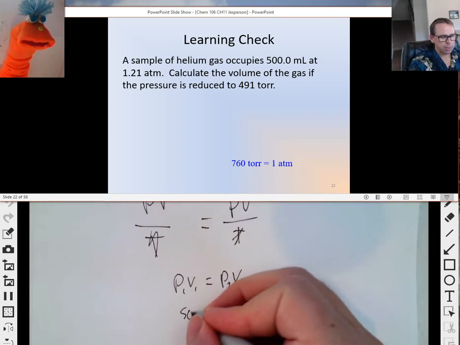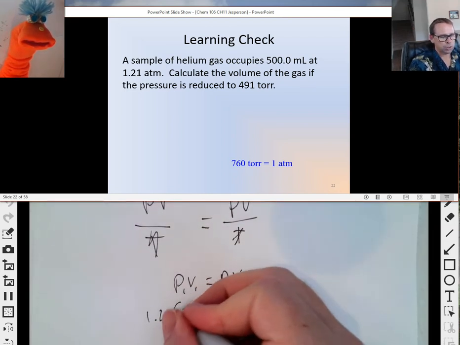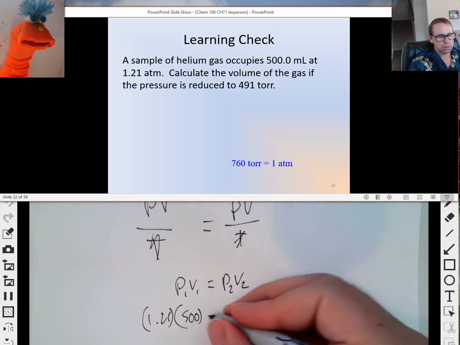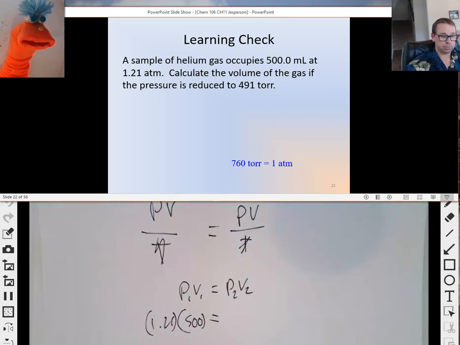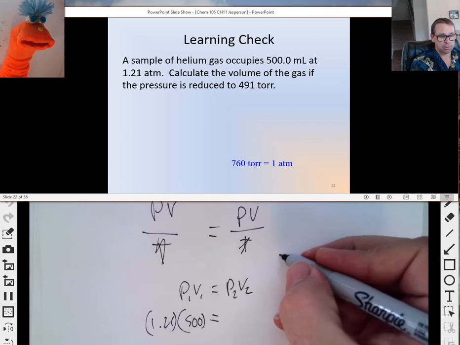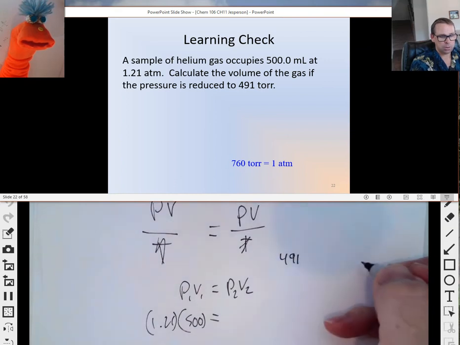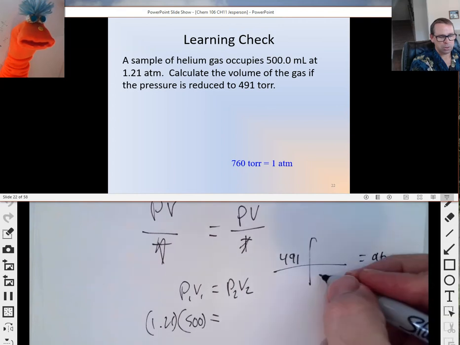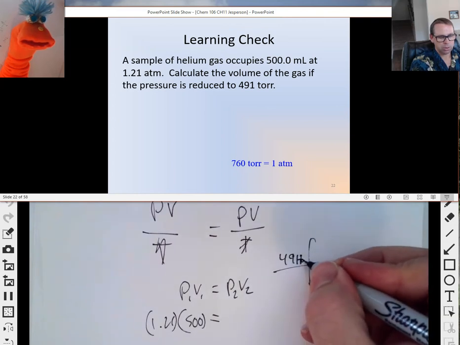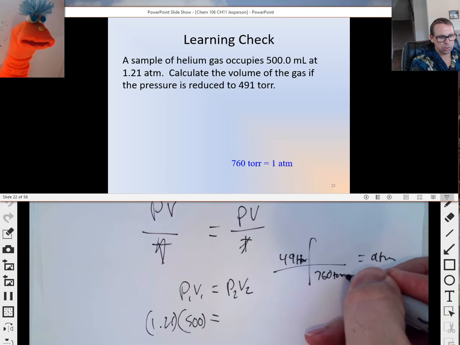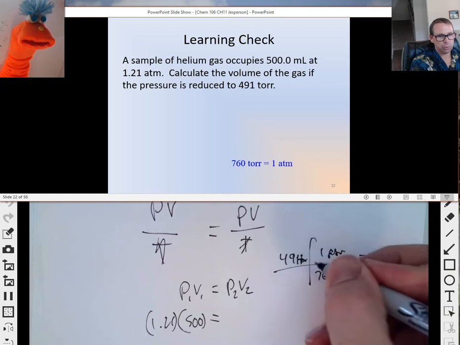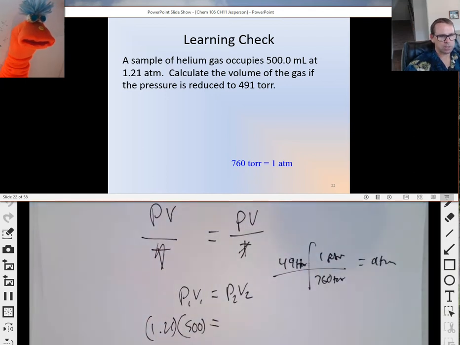So we got 500 milliliters, 1.21 atmospheres, the 491 torr. What is that in atmospheres? 491, how many atmospheres is that? Right? So this is torr, 760 torr for 1 atmosphere. So 491 divided by 760.